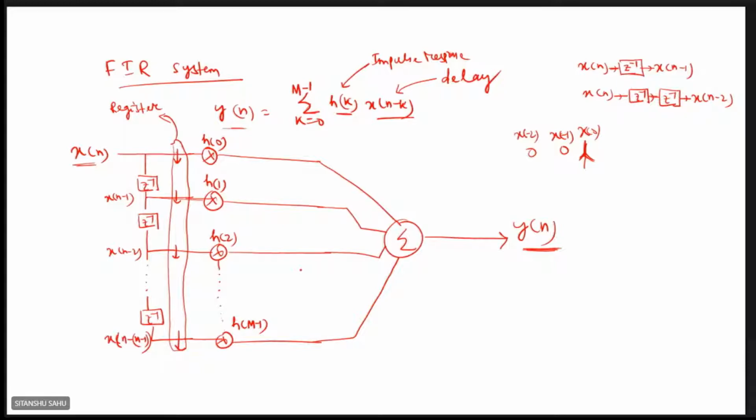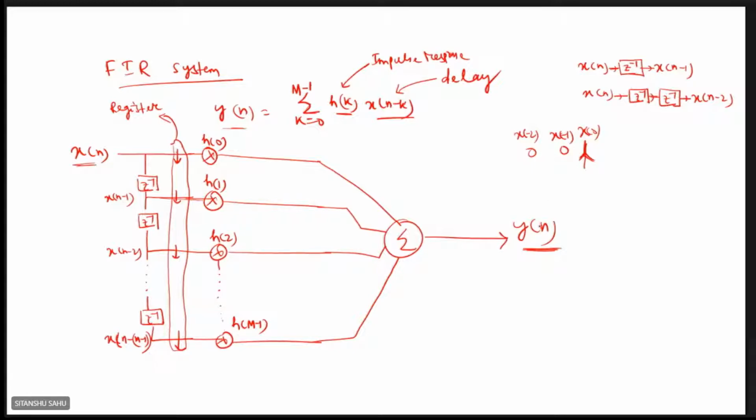So in this register, for the 0th instant, you need to input x of 0. All the rest of the values will be 0, isn't it? All the rest of the values will be 0 here, because there is no value before this at the 0th instant.